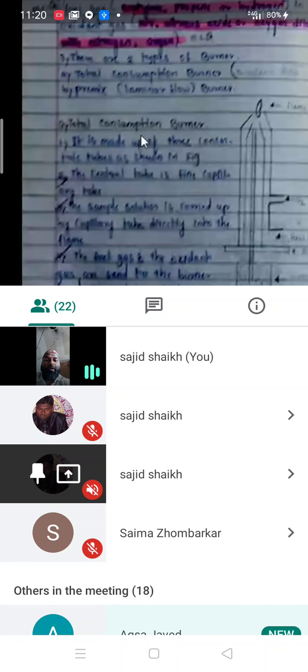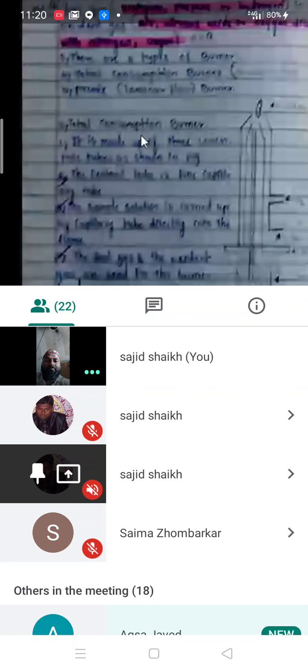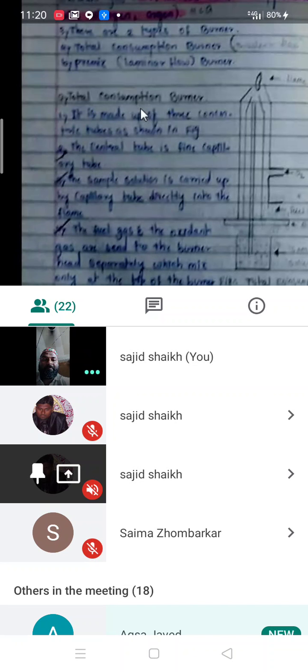The central tube is a fine capillary. The sample solution is carried up by the capillary tube directly into the flame.